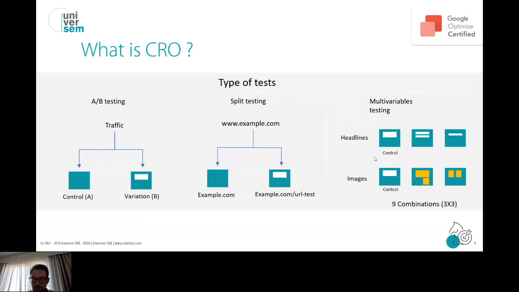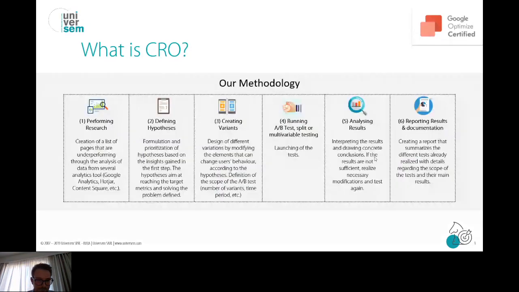And automatically, Google Optimize will combine them and test each combination. So in this case, we would get 9 combinations, and it will tell you, okay, this headline with this specific image is bringing the best results. So it can be interesting as well to better understand your conversion rate optimization.